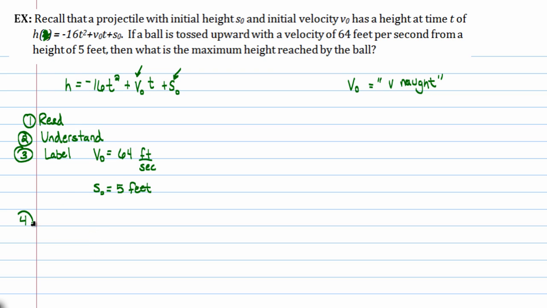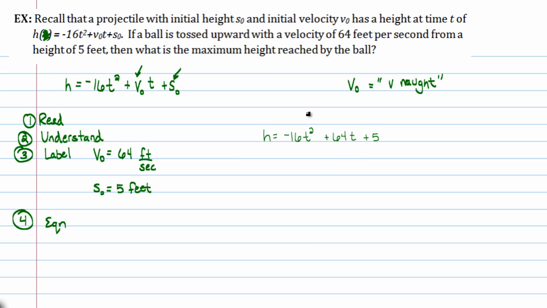The next step is usually to write an equation, but they've actually given us an equation, so I will use all this data in our equation here. I'll do a little substitution. h is equal to negative 16 t squared plus 64 t plus 5.